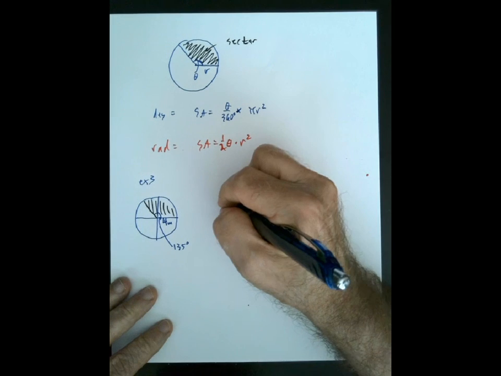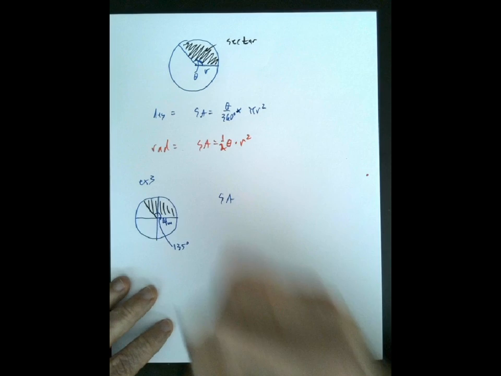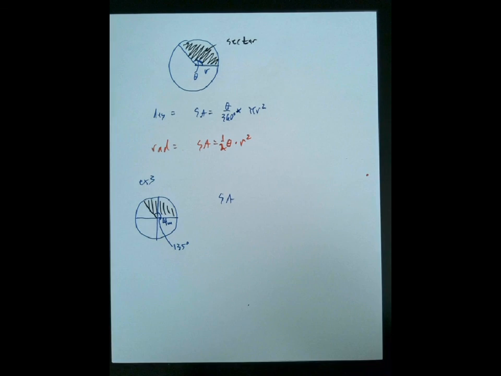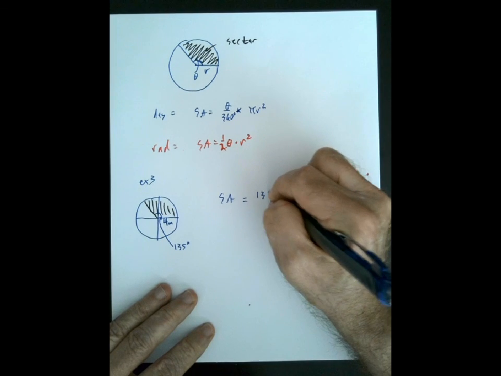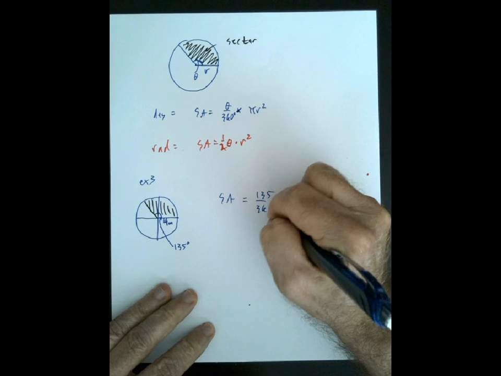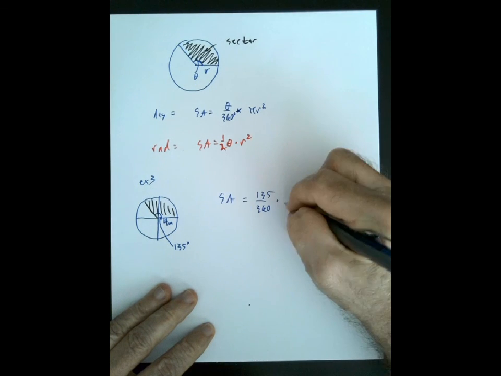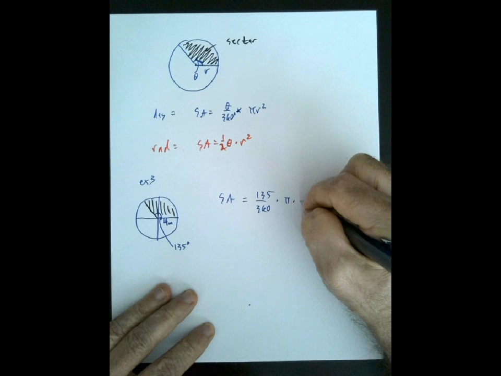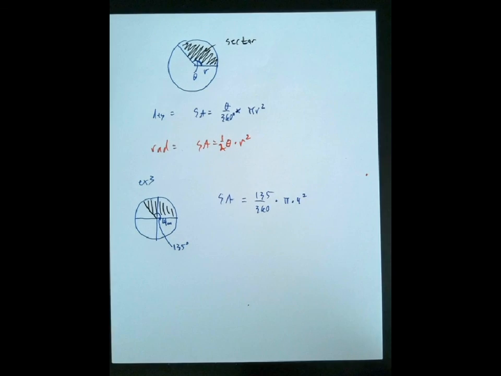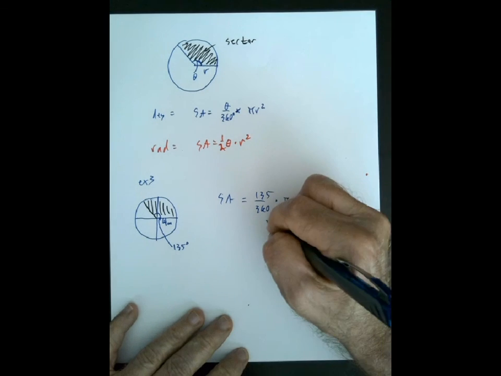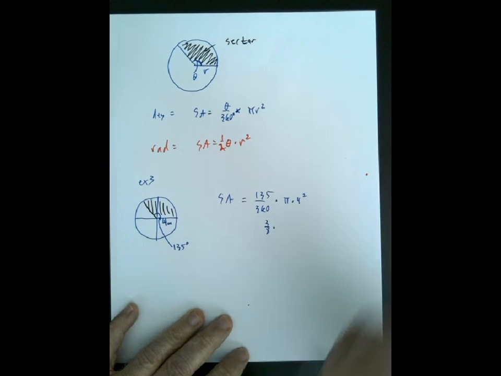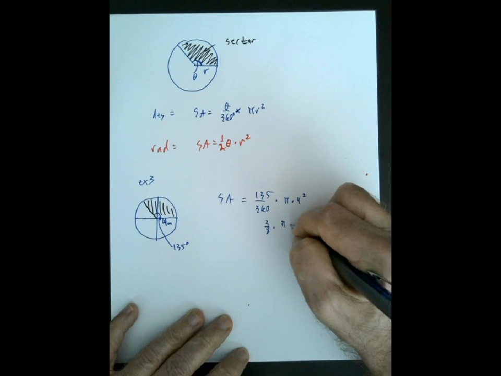So the sector area, the area of this piece out of the entire circle that I colored in, would be 135 over 360 times pi times 4 squared. Now we simplify that as much as we can. 135 divided by 360 is 3 over 8, times pi times 16.